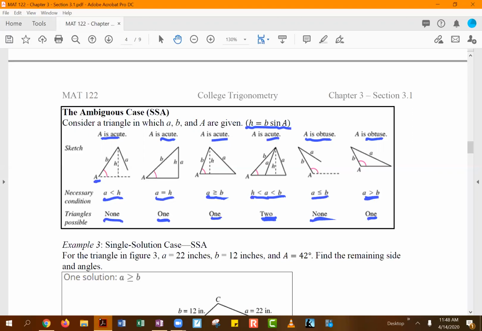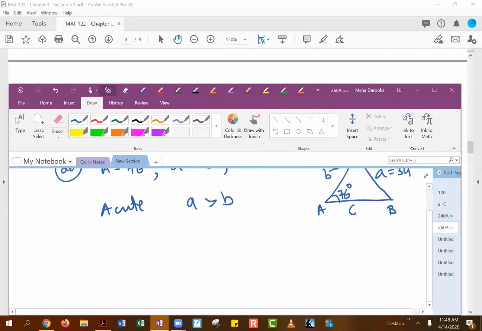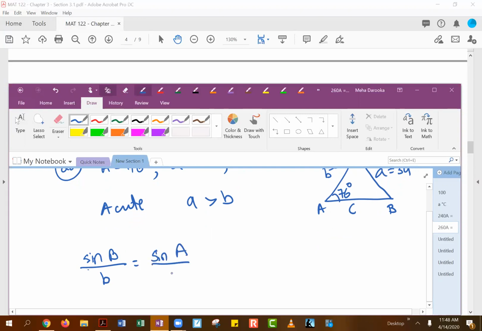So let's go ahead and see how we can go about solving this. We are given angle A, side B, and just a rough sketch for our triangle. What can we find next? Angle B. Yeah, we can find angle B. Very good. So for angle B, you want to put sine of B on the top, side B on the bottom, which will basically end up multiplying that side B, moving it to the other side.